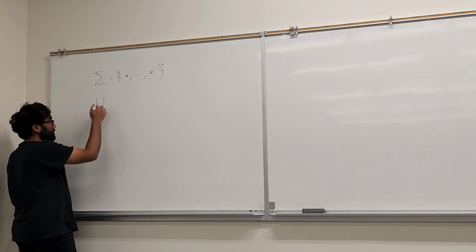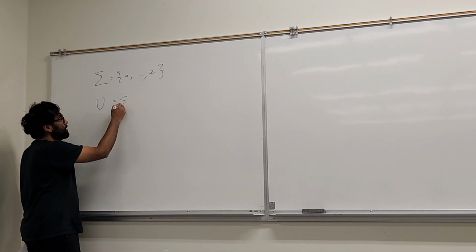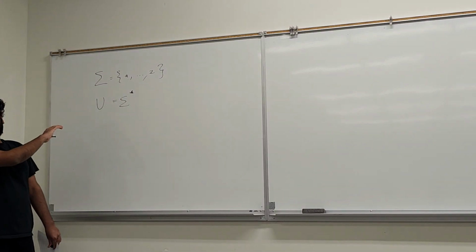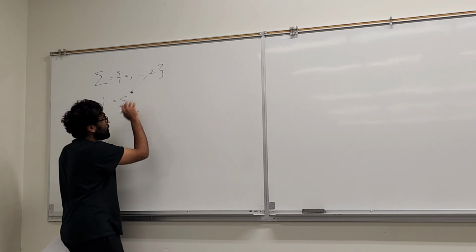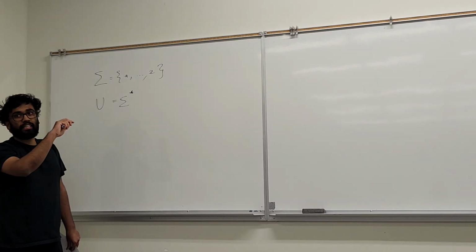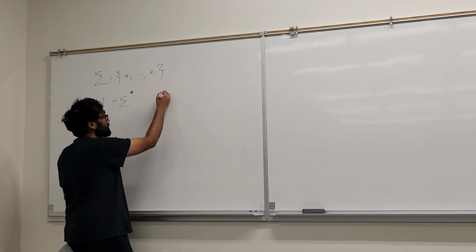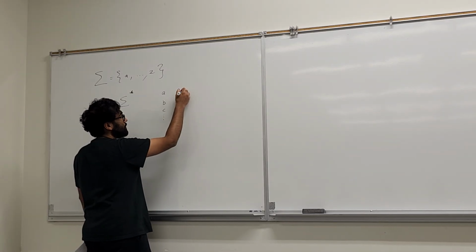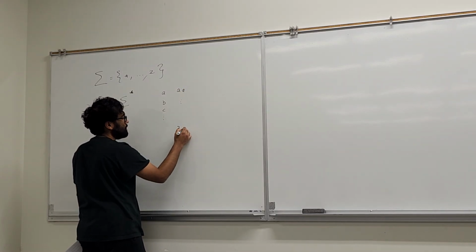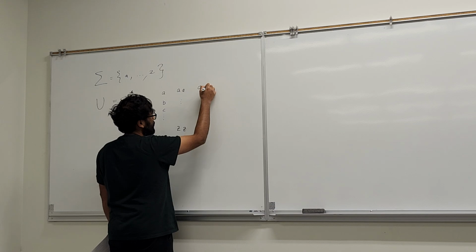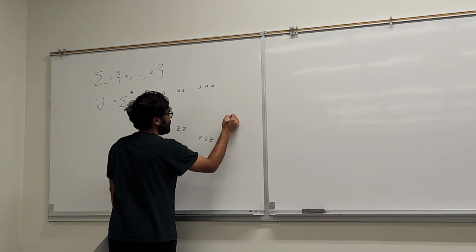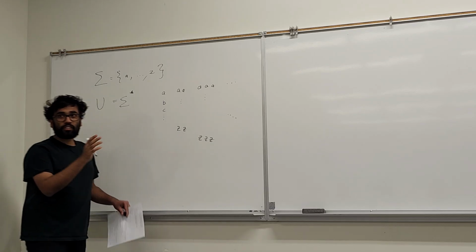So I denote that by U, and you might remember this notation. So essentially this contains all possible combinations. So for instance, it contains all the single letter strings, all the 2-letter strings, all the 3-letter strings, and so on. Makes sense? All the strings are still finite.